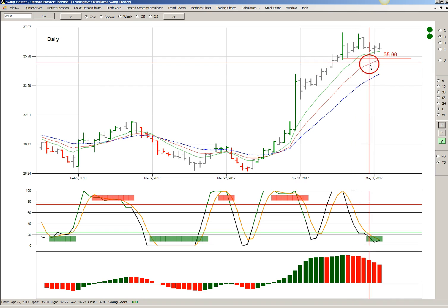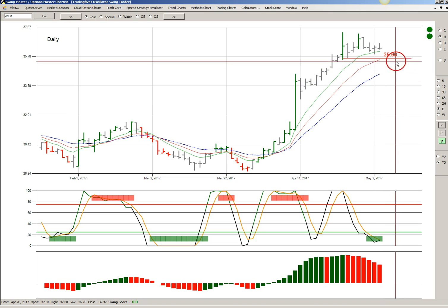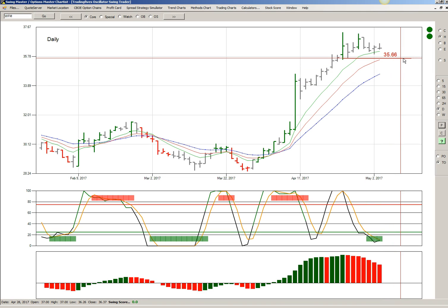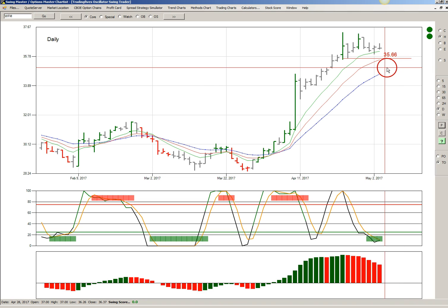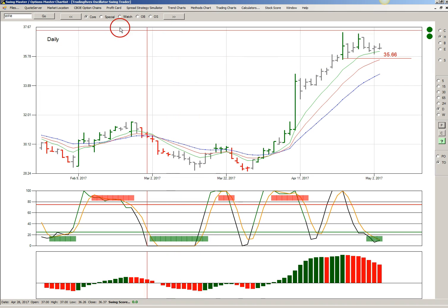WFM, Whole Foods, never executed, and right now we're about to get a bullish cross from an oversold condition, which would negate all previous signals. So not every signal executes, but it is indeed simple, easy, and objective to put down the price levels that you want to be paying attention to.